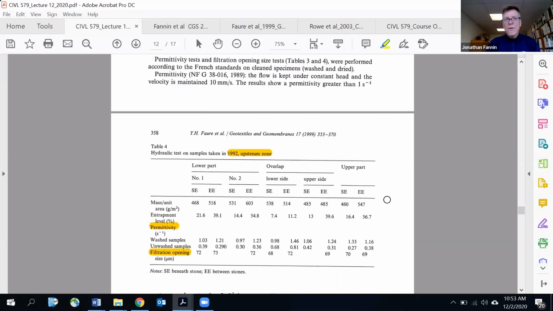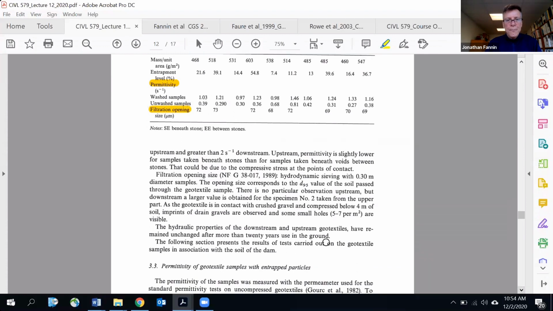Okay, and from those follow some claims. What are the claims? The claims are the hydraulic properties of the upstream and downstream geotextiles have remained unchanged after more than 20 years of use in the ground.